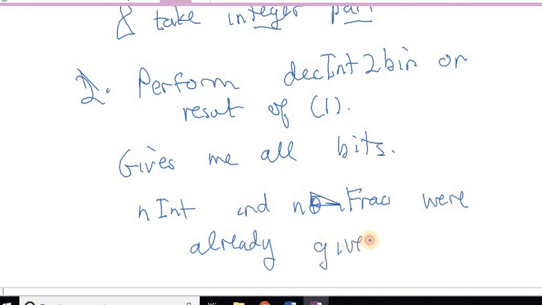Okay. So really I'm done. I have found my binary digits, my binary bits, and as part of the inputs I have the nint and the nfrac. So my decimal fixed point to binary conversion is accomplished.